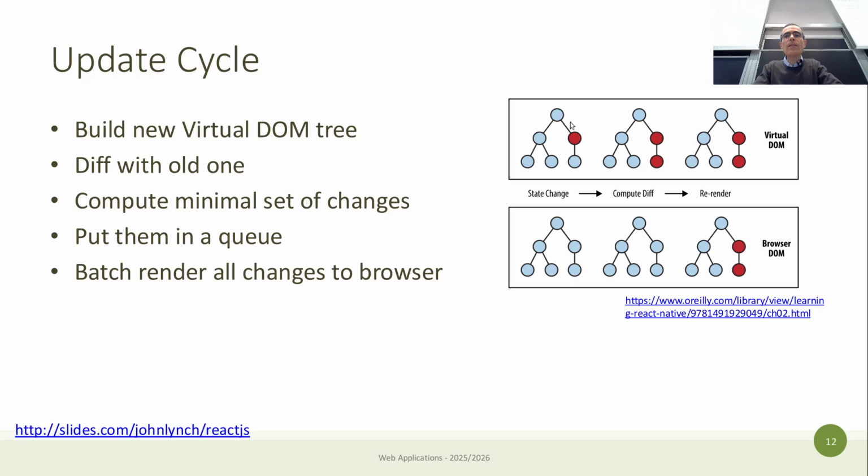Let's say the red element has changed, something needs to change, and at a certain point React applies these changes to the browser in batch. It means all together when it's ready to do it, just for efficiency, okay.